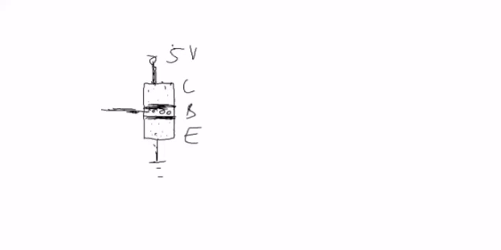Because this is the base emitter junction, this junction must be forward biased.